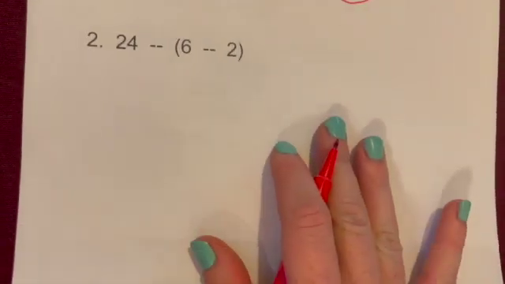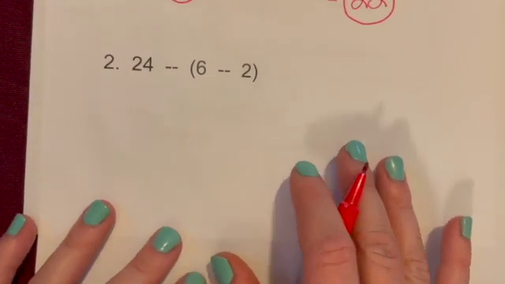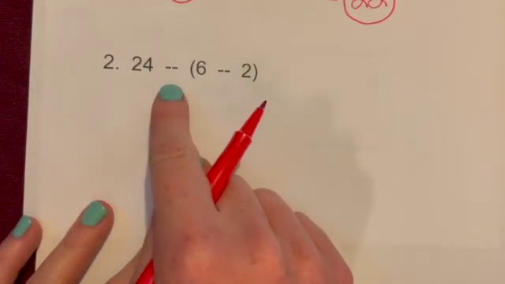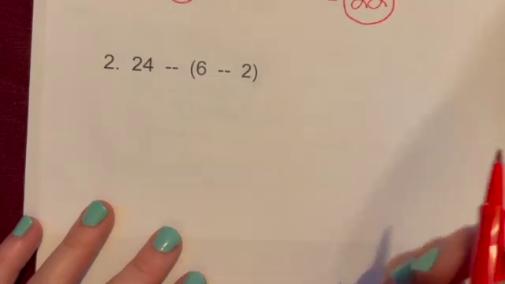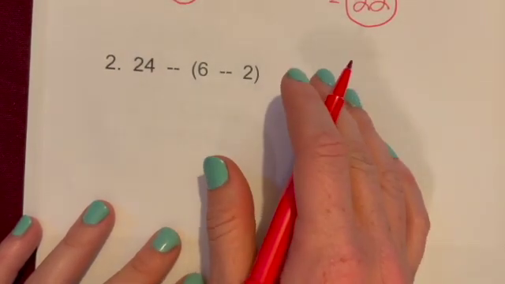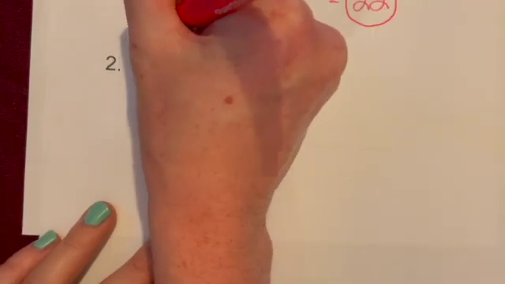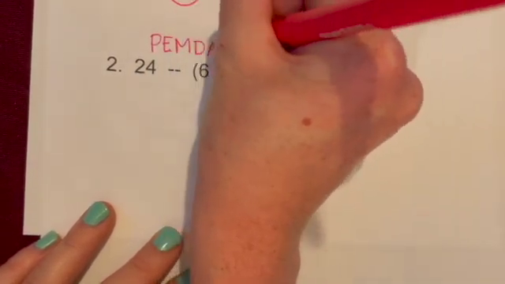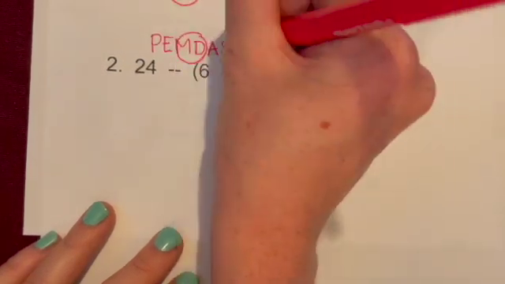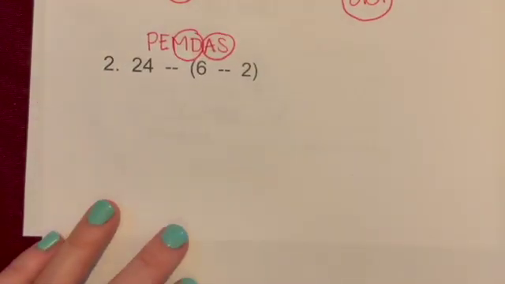Okay, I have one more example for you. Number 2, 24 minus parentheses, 6 minus 2, parentheses. Step number 1, refer back to your notes. It says to write PEMDAS on top of each problem. Circle the M and D, circle the A and S because those go together.